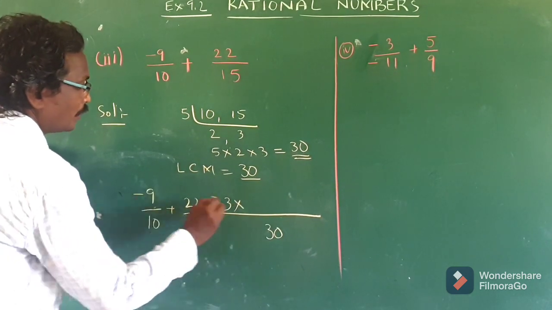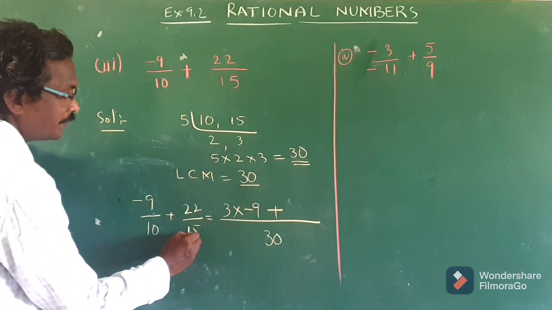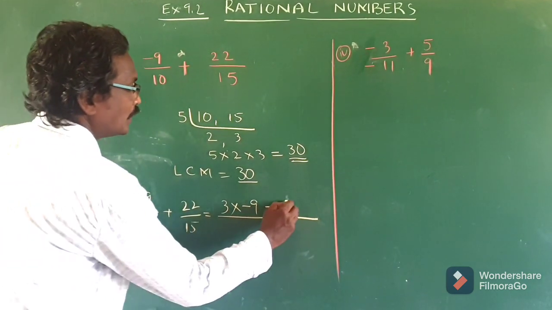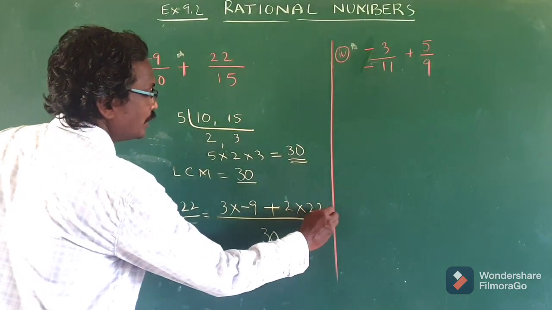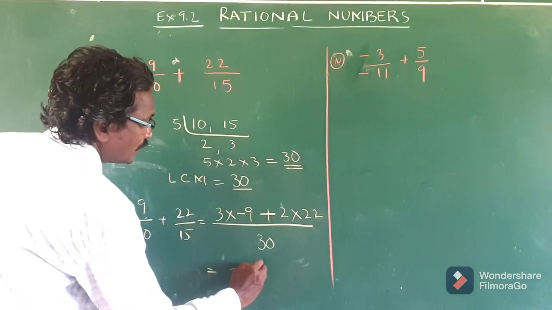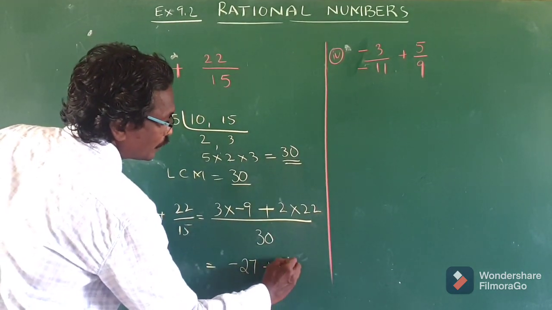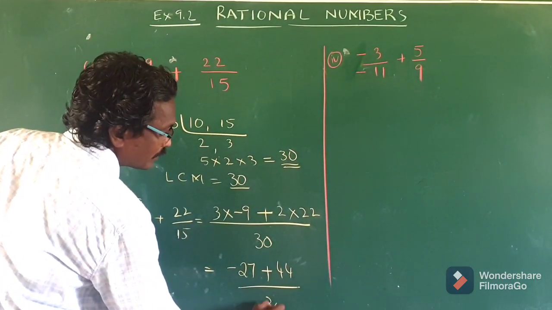Into minus 9. Here plus 15 in 30. How many times? 2 times. 2 into 22. Now 9 3s are 27 plus 2 22s are 44 by 30.